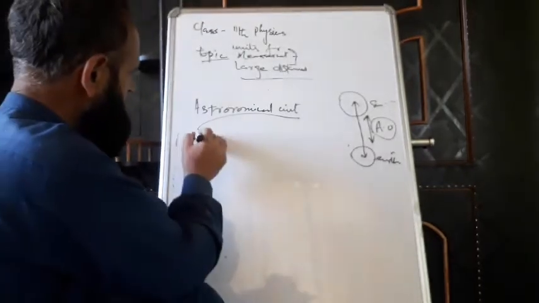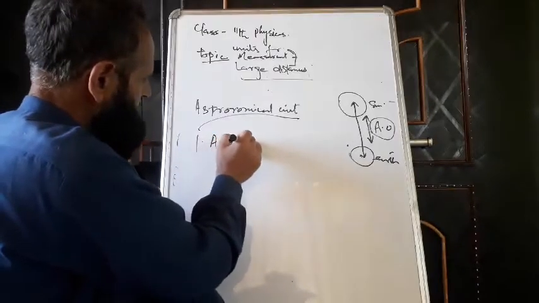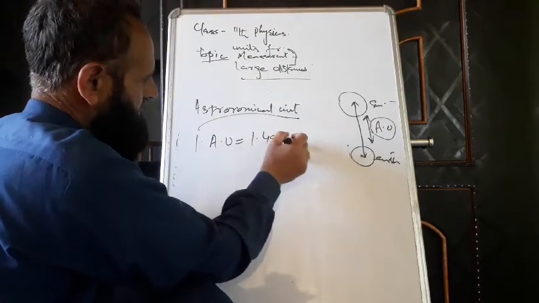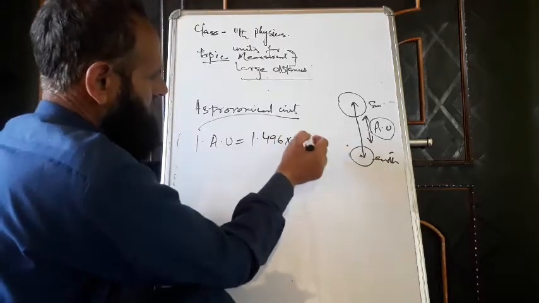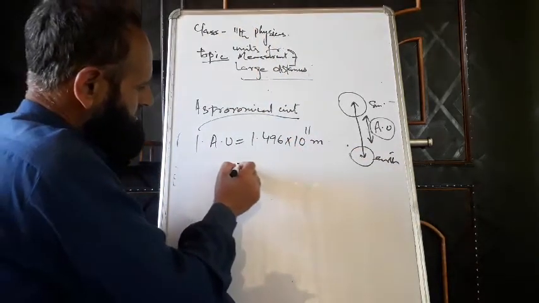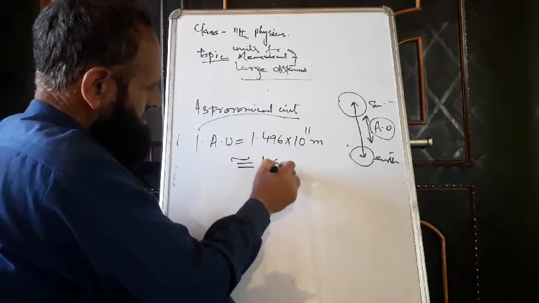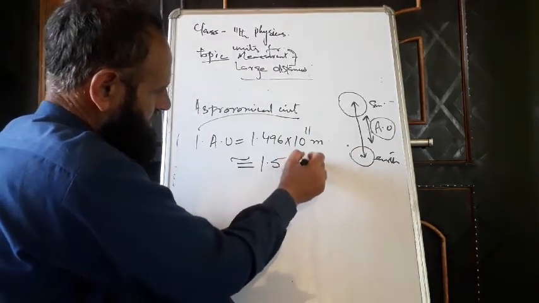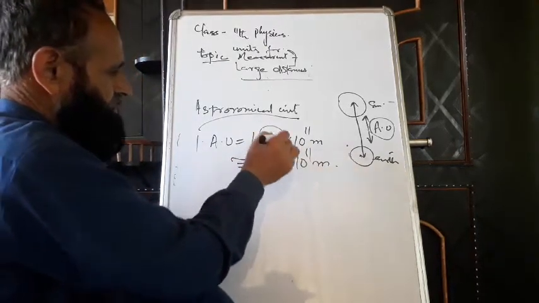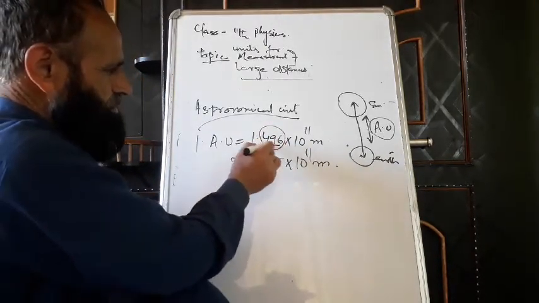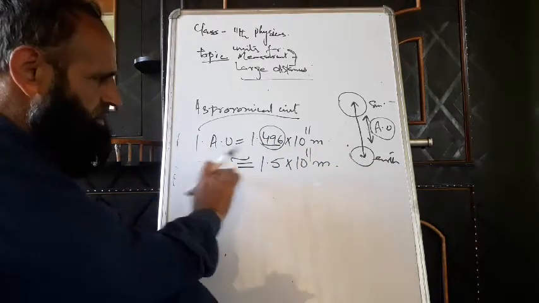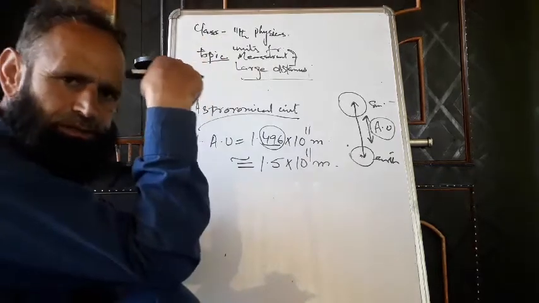We can say 1 astronomical unit is equal to 1.496 into 10 raised to power 11 meters, or approximately 1.5 into 10 raised to power 11 meters, because we can take 1.5 approximately instead of 1.496.